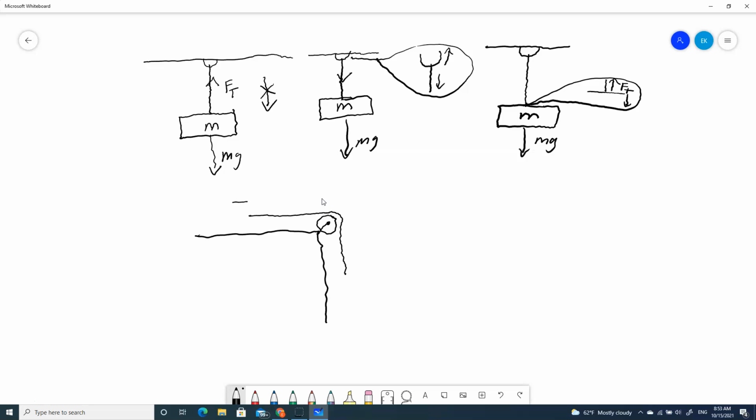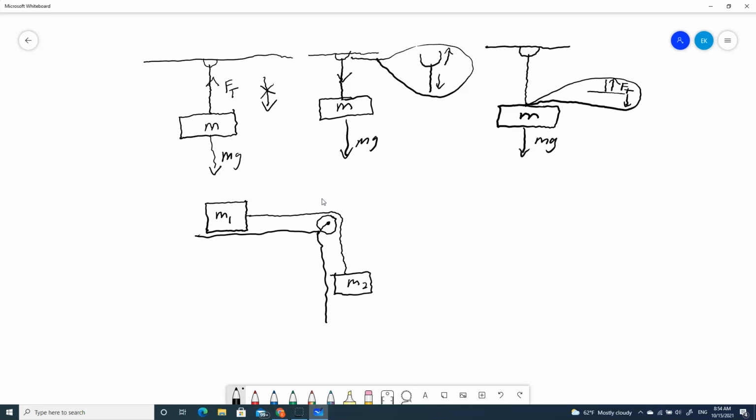So we have this M1 right here, and M2 right here. And how do we exactly visualize the tension in this case?